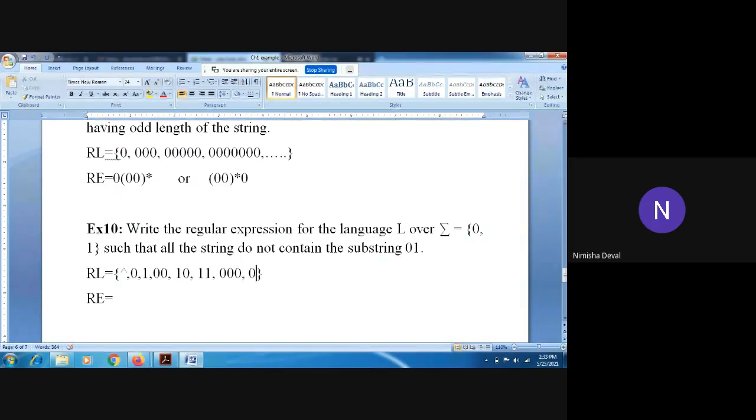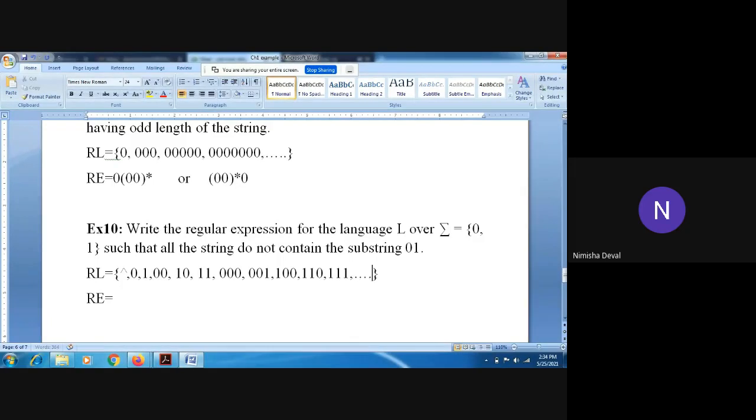Now, 0 0 1 is allowed, right? 1 0 0 is allowed, but 1 0 1 is not allowed. So you have to check all those strings. Then 1 1 0 is allowed, 1 1 is also allowed, but 0 1 1 is not allowed.